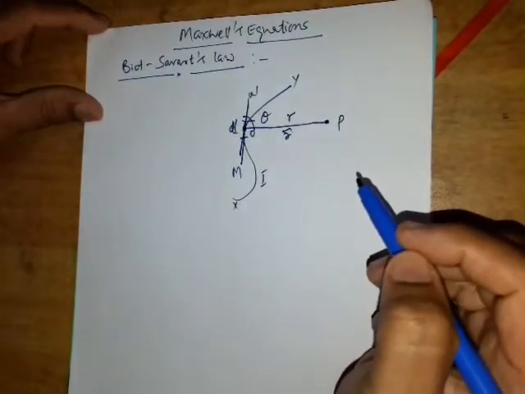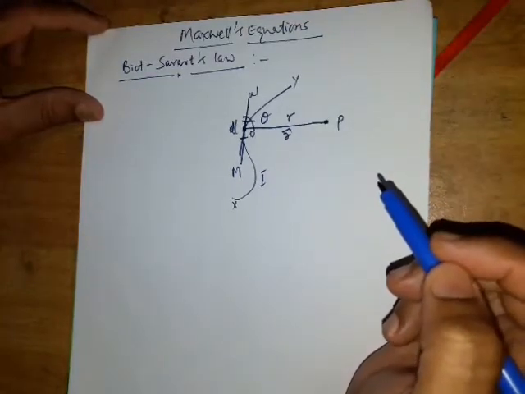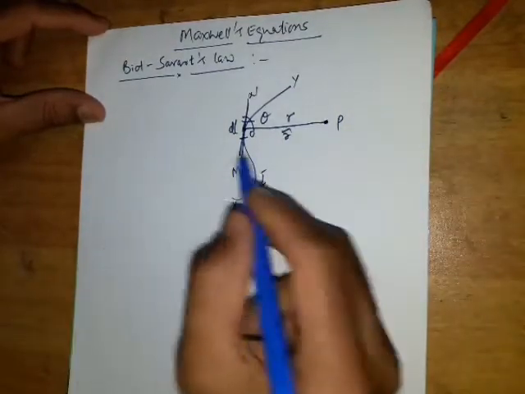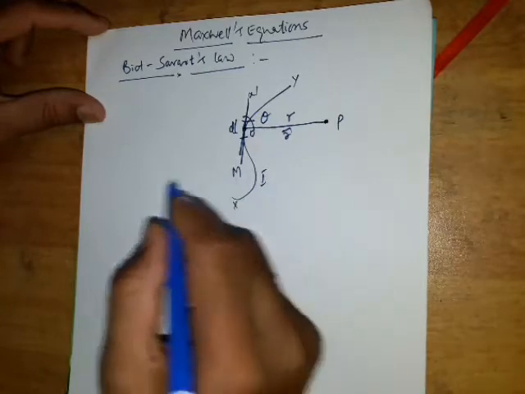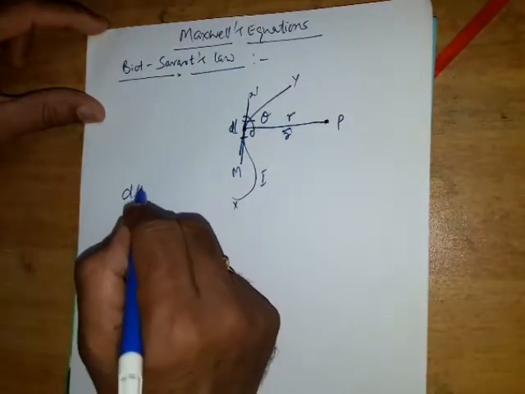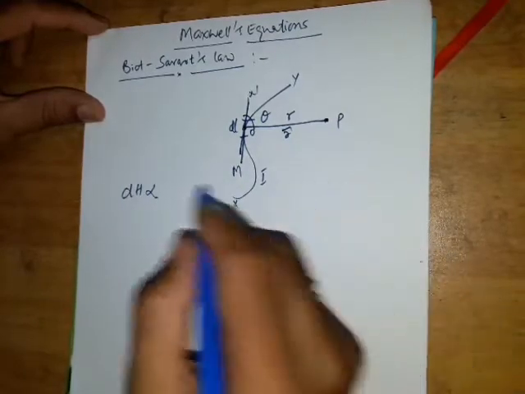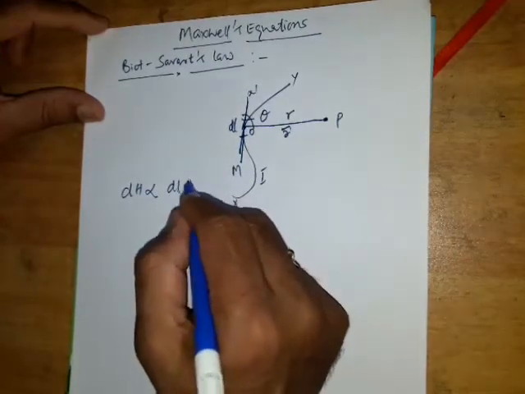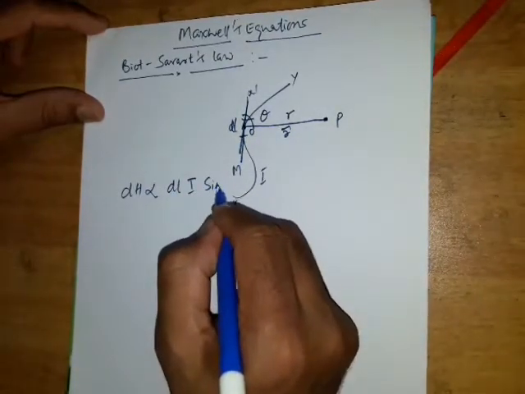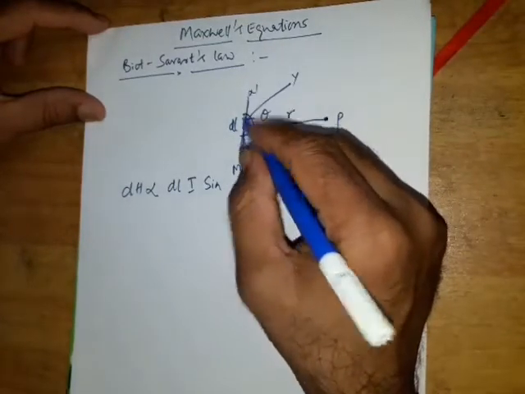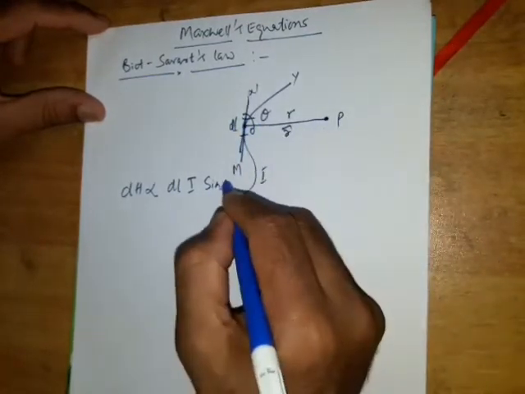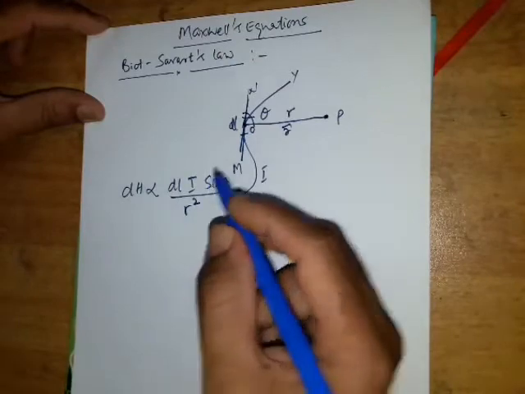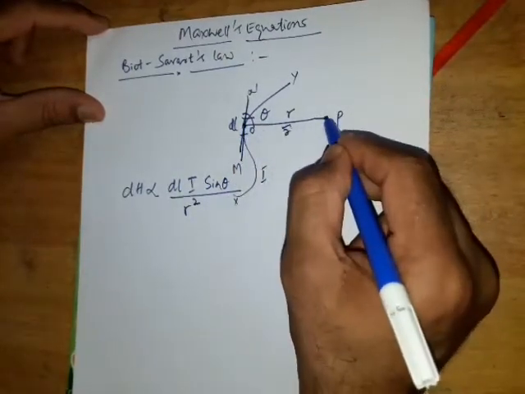Now Biot-Savart's law states that the field at any arbitrary point P is directly proportional to the differential element dl, the current I, and the sine of the angle between the tangent and the line OP, sine theta, and inversely proportional to the square of the distance between the differential element and the point under consideration.